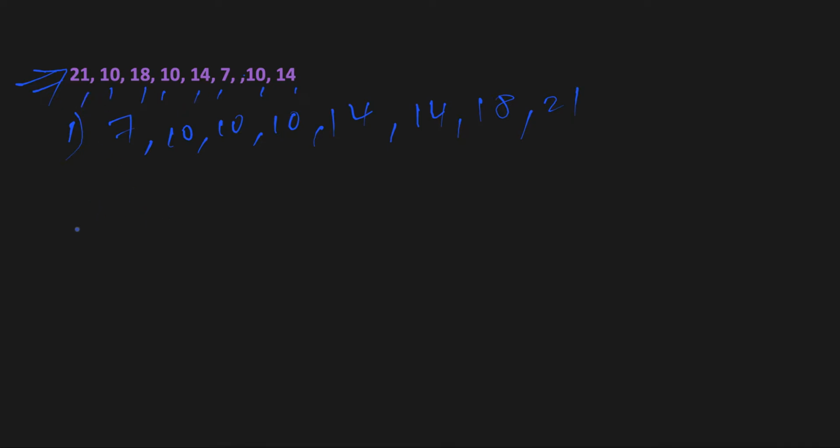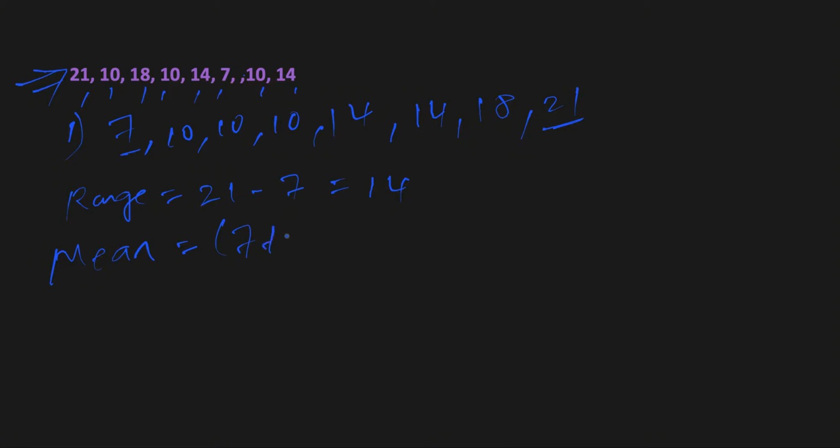Cool. So let's first calculate the range. If you remember the definition, range is the greatest number minus the smallest number, which is 21 minus 7. So our range is 14. Let's look at mean, which is also called average.